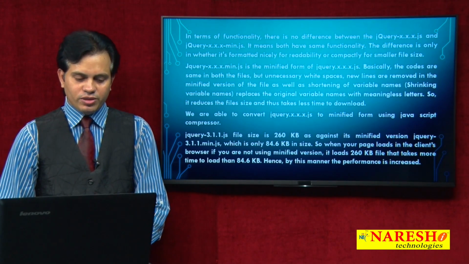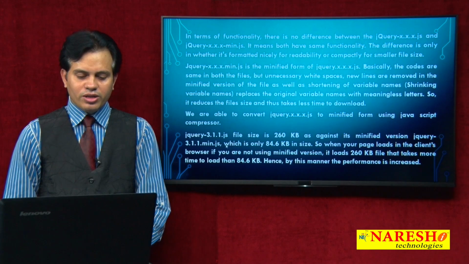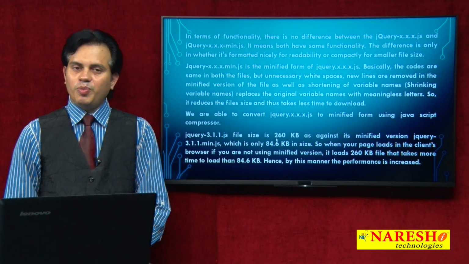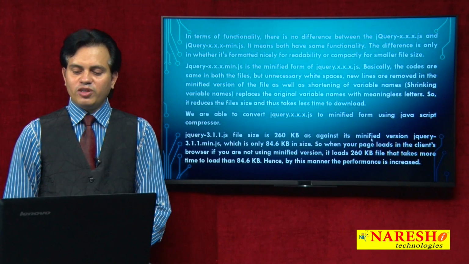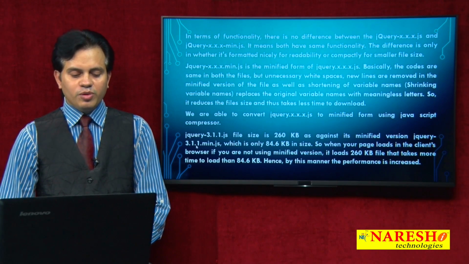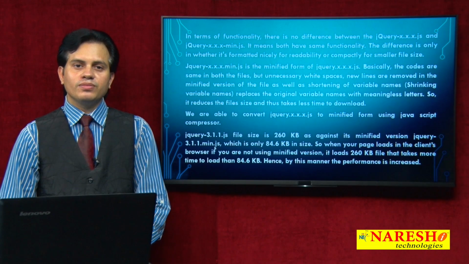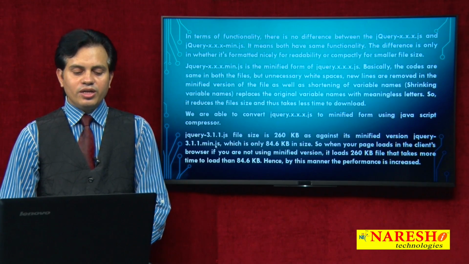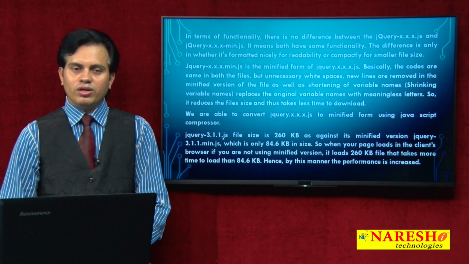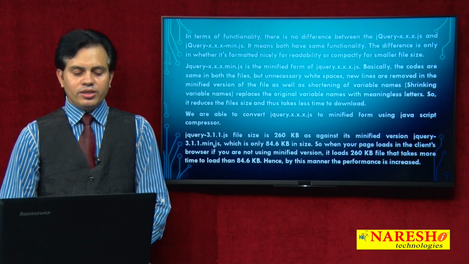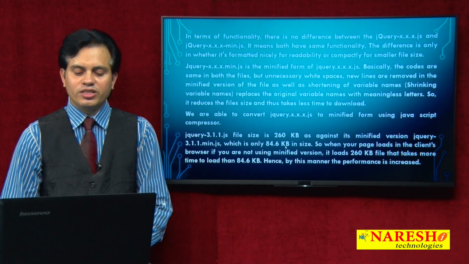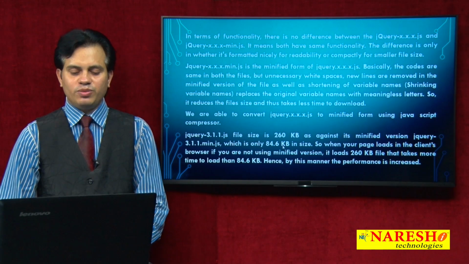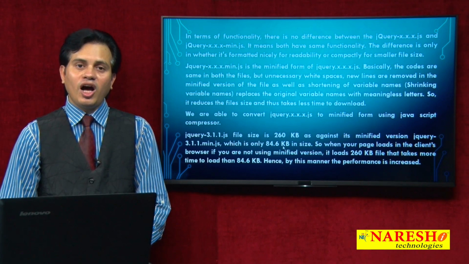The jQuery-3.1.1.js file size is approximately 260 KB, give or take, as against its minified version, jQuery-3.1.1.min.js, which is only 84.6 KB, almost 85 on average. So just less than half.